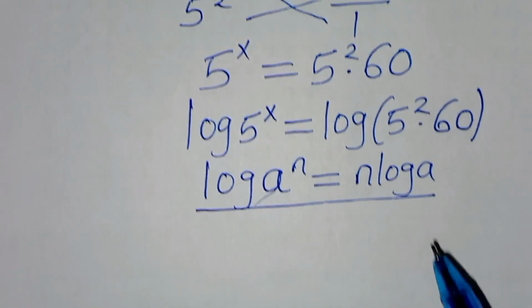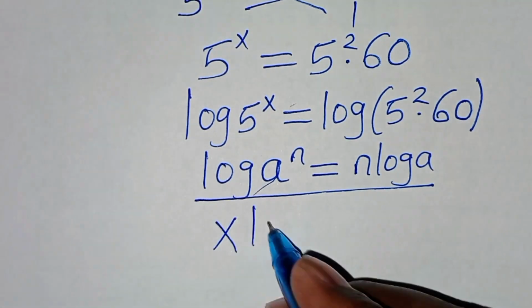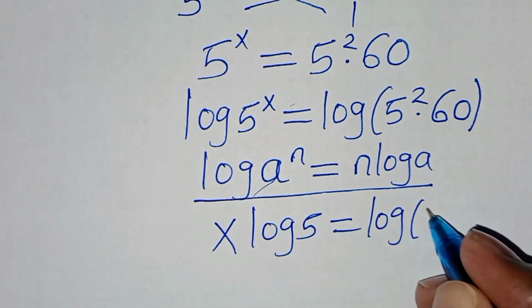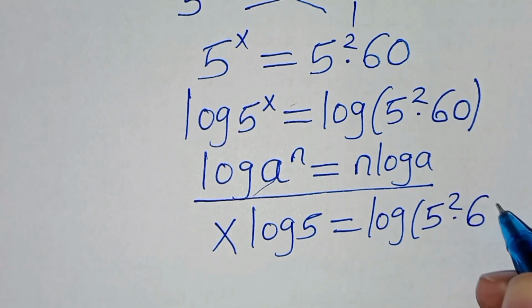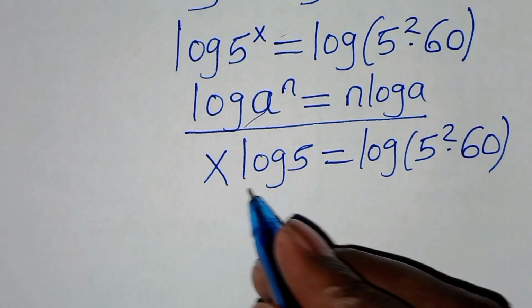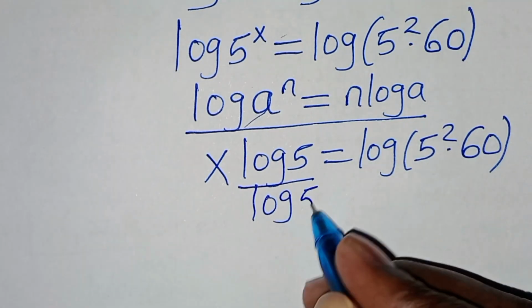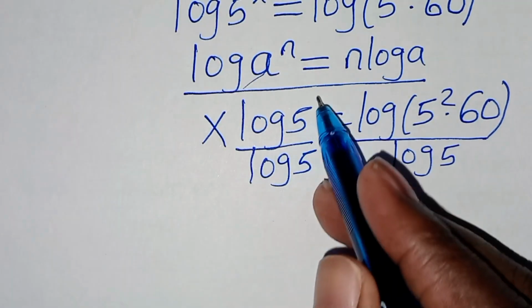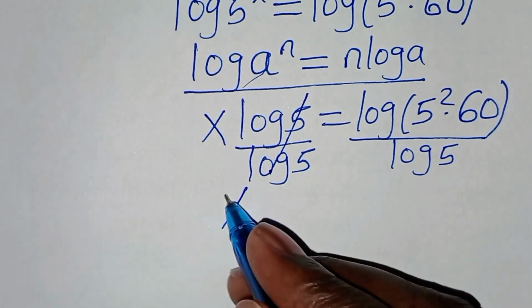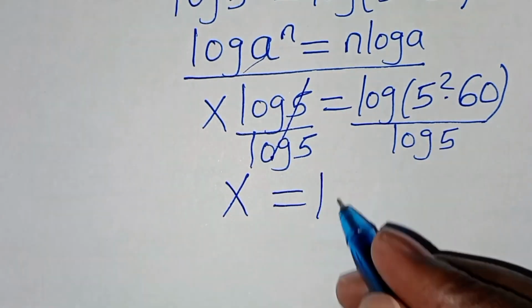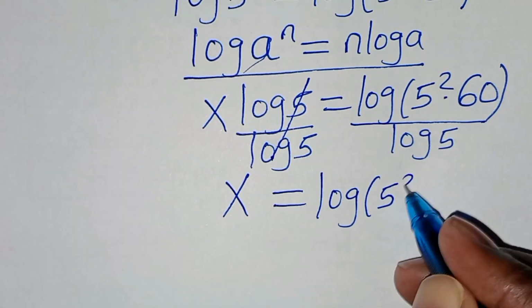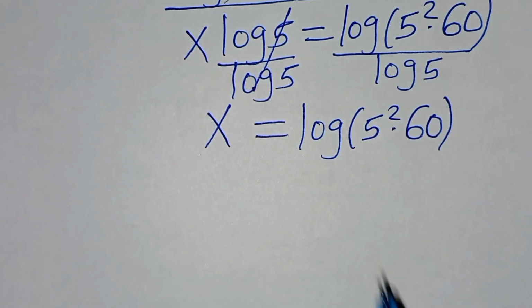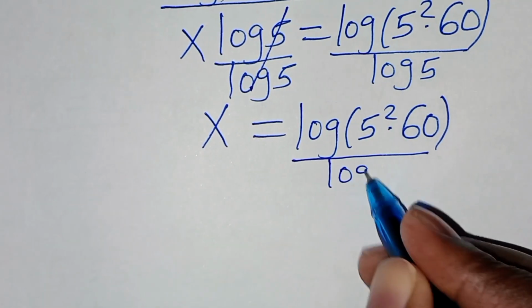Applying this power rule property, here we have x log 5 equal to log of 5 to the power 2 times 60. We divide by log 5 on both sides and simplify, so that x is equal to log of 5 to the power 2 times 60, divided by log 5.